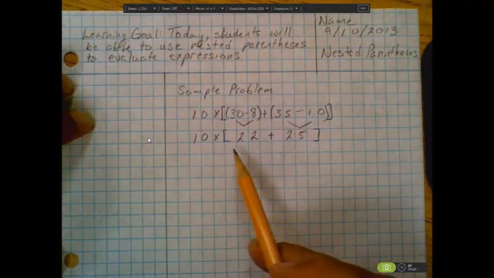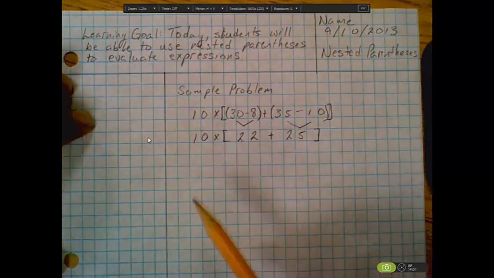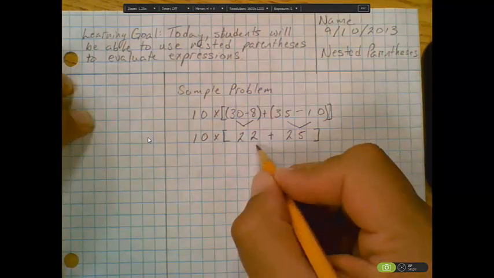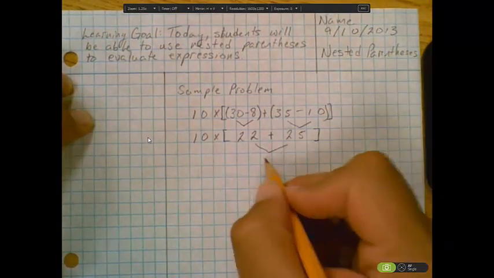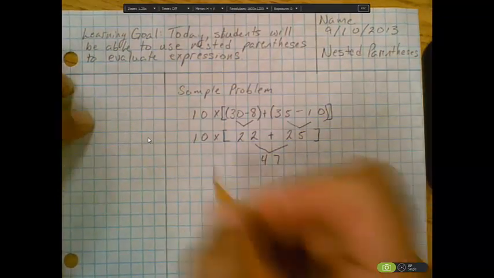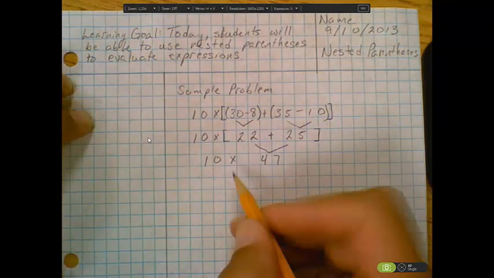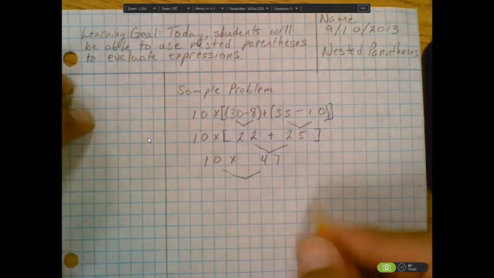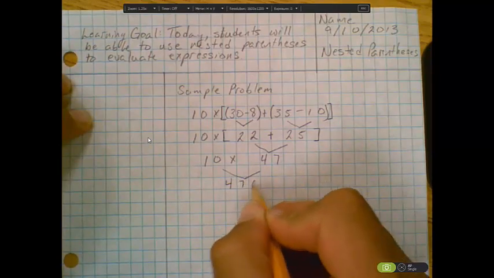So the brackets here, they act like parentheses, so they're going to be the next thing that we do. So we're going to add the 22 and the 25, which gives us 47. Bring down the 10 and the multiplication sign, and so now we have 10 times 47, which is 470.